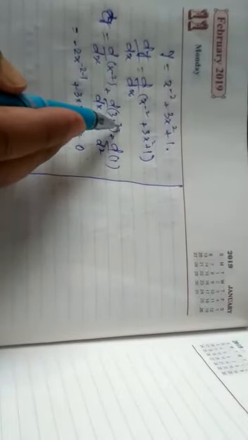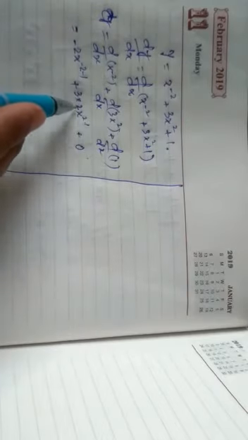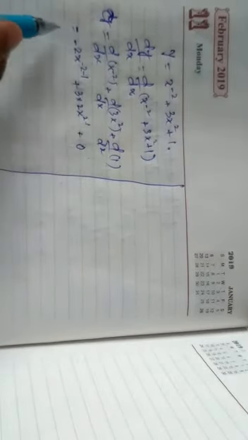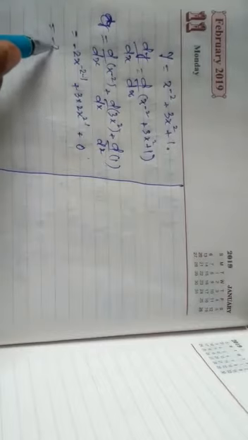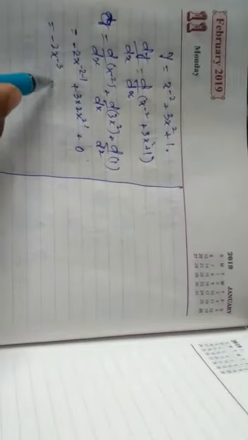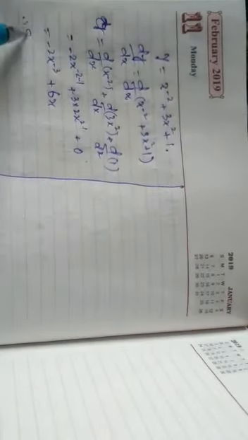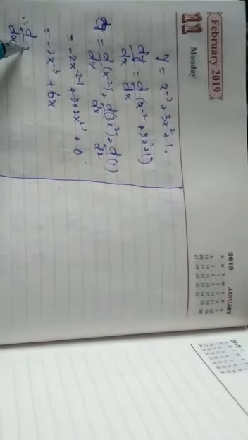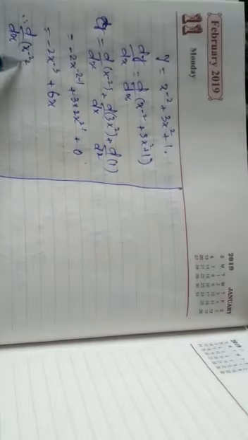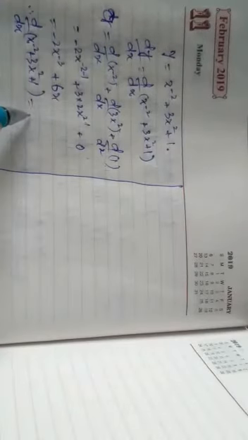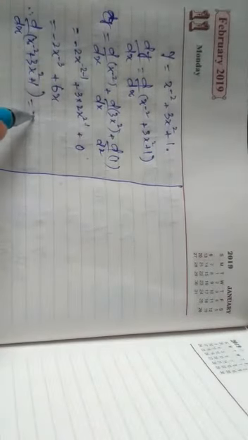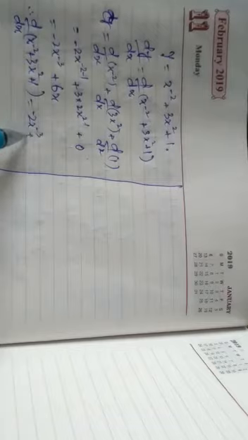We simply deal with this 2, which is multiplied by 3: 3 into 2 into x raised to power 2 minus 1. So it will be minus 2x raised to power minus 3 plus 6x. Therefore, d by dx of x raised to power minus 2 plus 3x square plus 1 equals minus 2x raised to power minus 3 plus 6x.